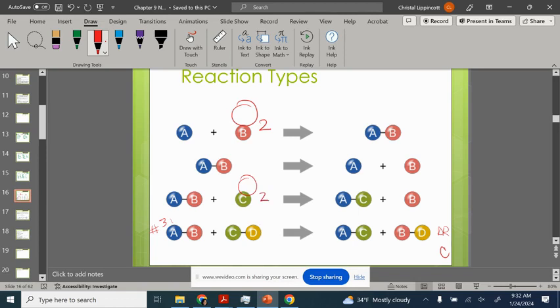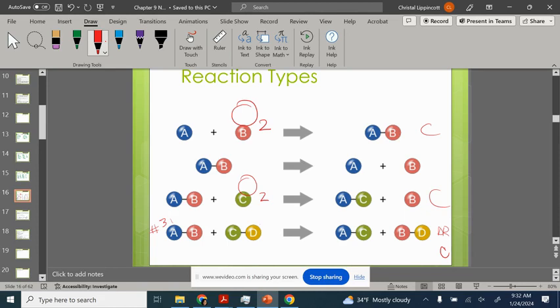So where oxygen is one of your reactants, it could either be a synthesis, or it could also be a combustion. But again, an easy one to identify because you go down the row and you go, oh, oxygen's a reactant, combustion. Oxygen's a reactant, oh, combustion. So it's an easy one for identification.